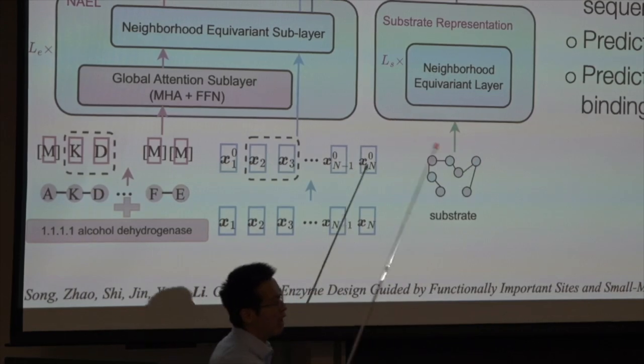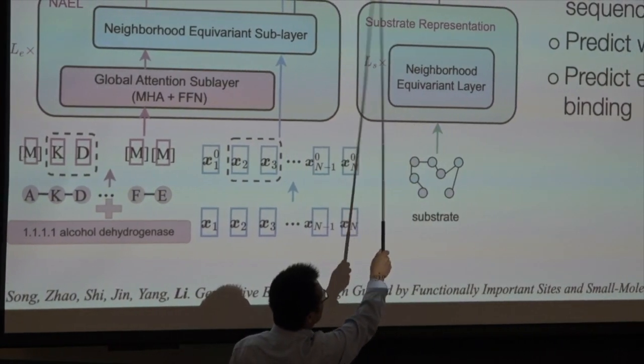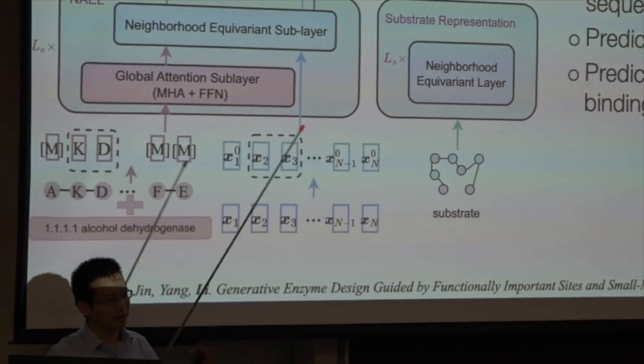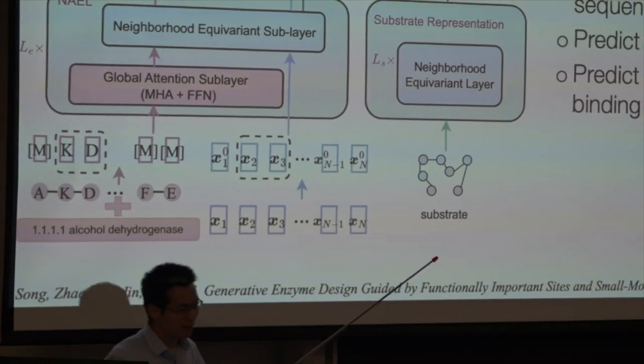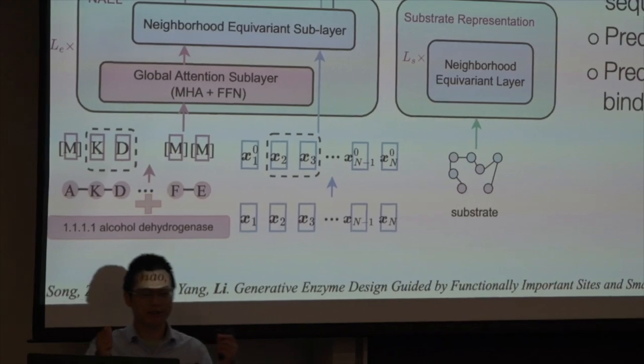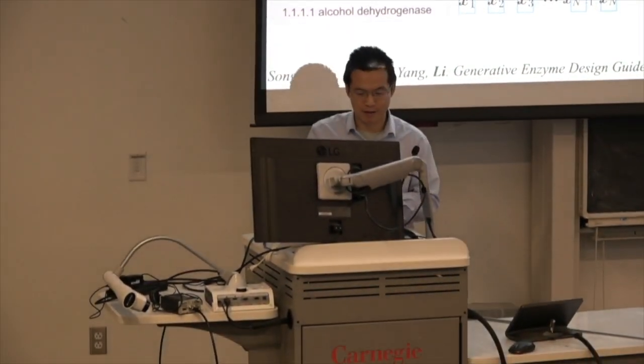At training time, we are training this enzyme and substrate interaction score. We have some additional label data for that, so we can introduce an additional training loss just to encourage this protein sequence to bind specifically to a particular substrate.